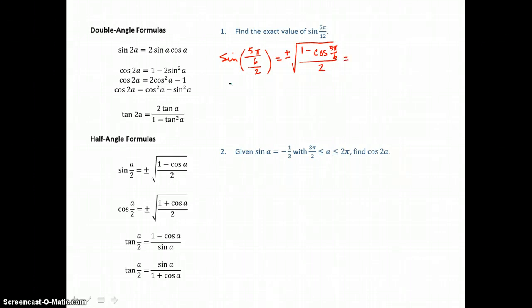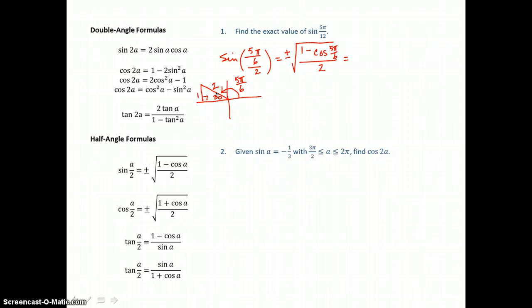So now I want to go to the coordinate plane and evaluate the cosine of 5 pi over 6. So I'll graph 5 pi over 6, and that's going to leave pi over 6 for my reference angle, and pi over 6 is equivalent to 30 degrees. So I want to label this 30, 60, 90 degree triangle in the second quadrant.